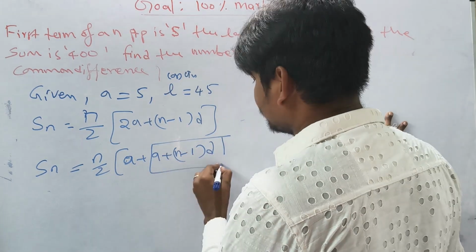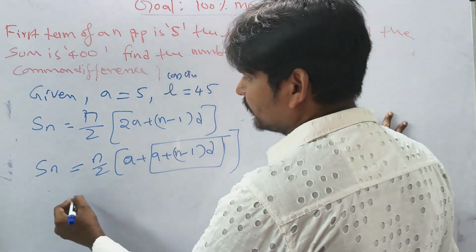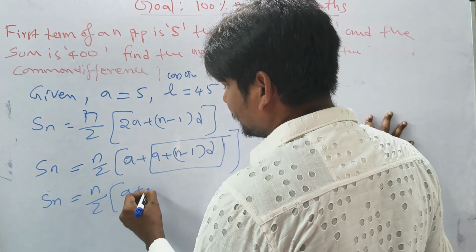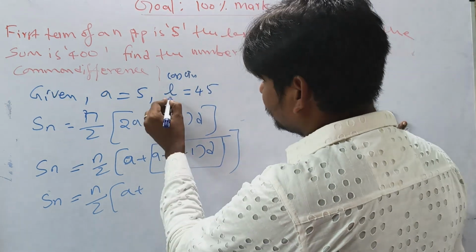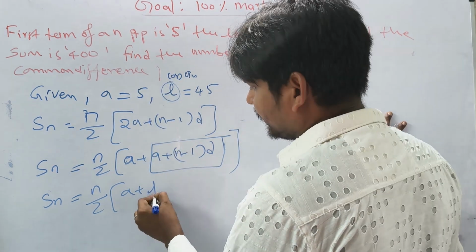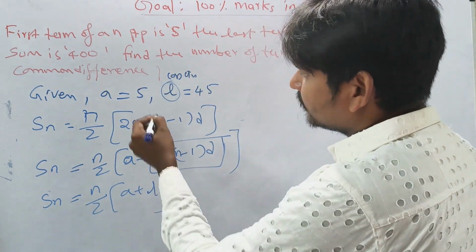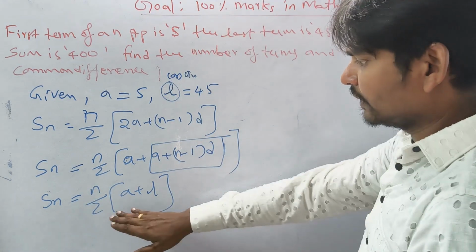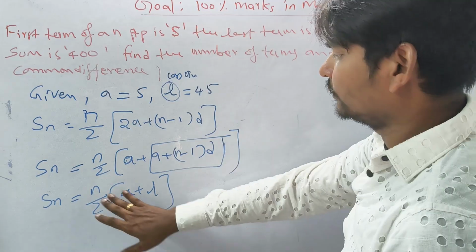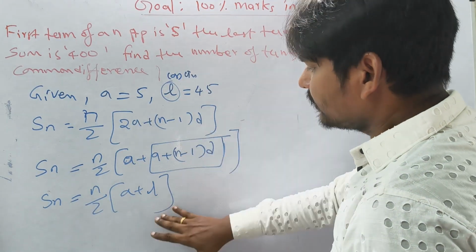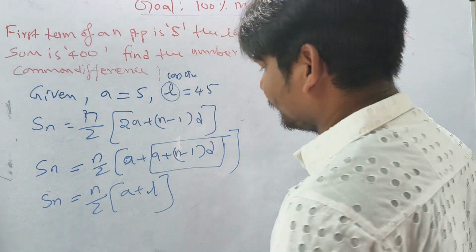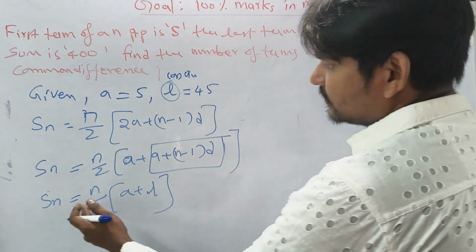We know that this is the nth term of the AP only, so you can write the shortest form as n by 2 into a plus an, that is nothing but al, first term plus last term. In this we have n, so by using this you have to find out n, and in this we have d, so by using this formula we have to find out d. Clear?